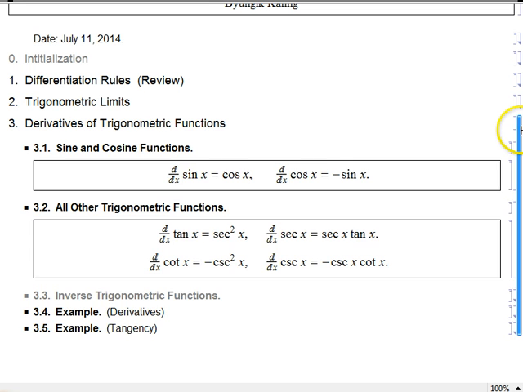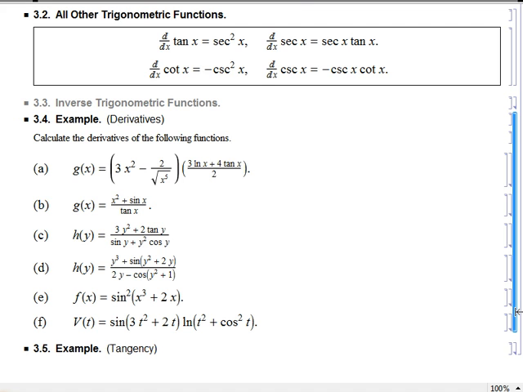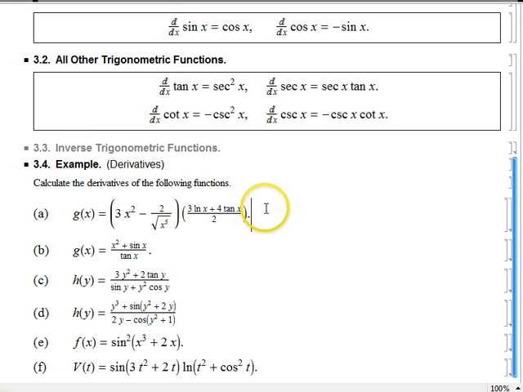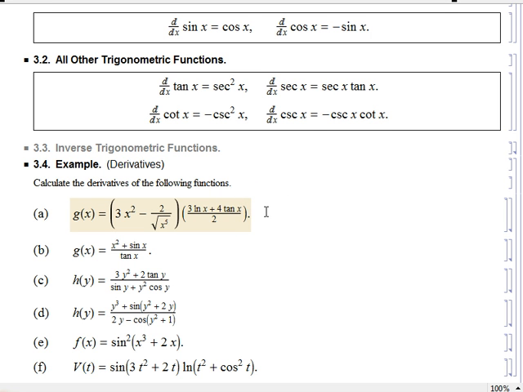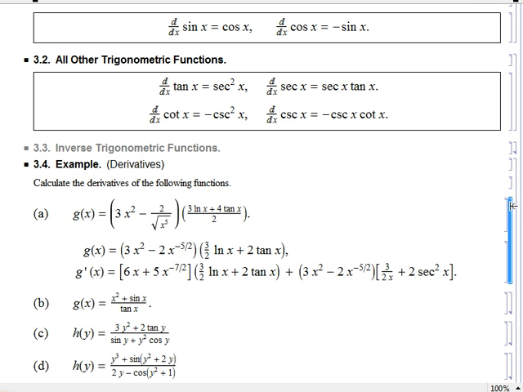Okay, next we're going to move on to some applications of these, and then let's do some computation. How about the first problem? Looks like this is going to be a product rule problem. First function and then the second function, and looks like the second function is going to be a logarithmic and tangent. Okay, it has some trick at least.